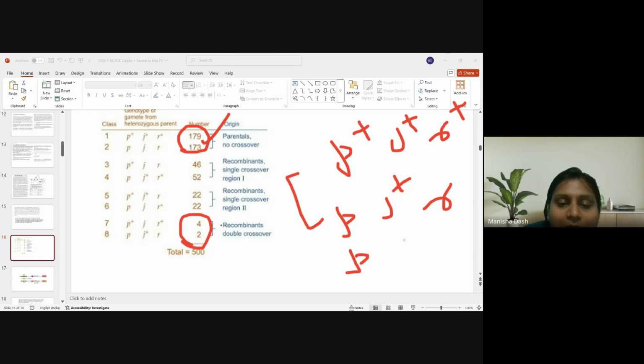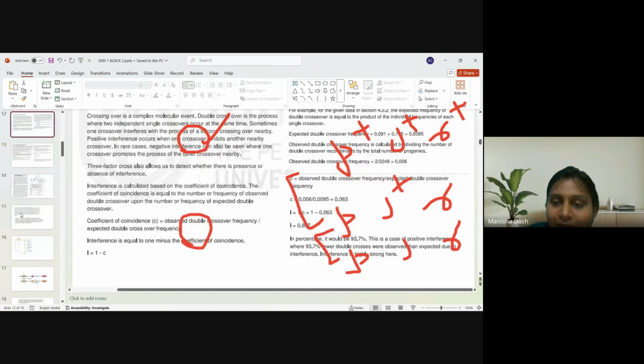That is P, J and R. If you compare these two, tell me which two genes are remaining constant and which gene is different, like you saw in the previous slide. This is a bit difficult to explain without writing much.